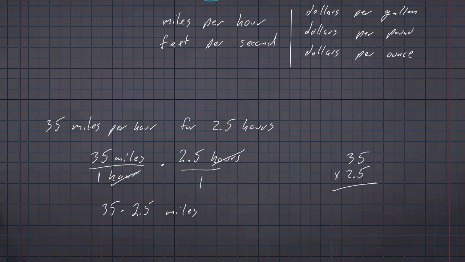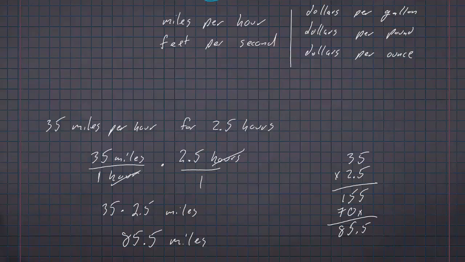I can go off to the side and multiply 35 times 2.5. And I see that if you are driving at 35 miles per hour for 2.5 hours, you will have traveled a total distance of 85.5 miles.